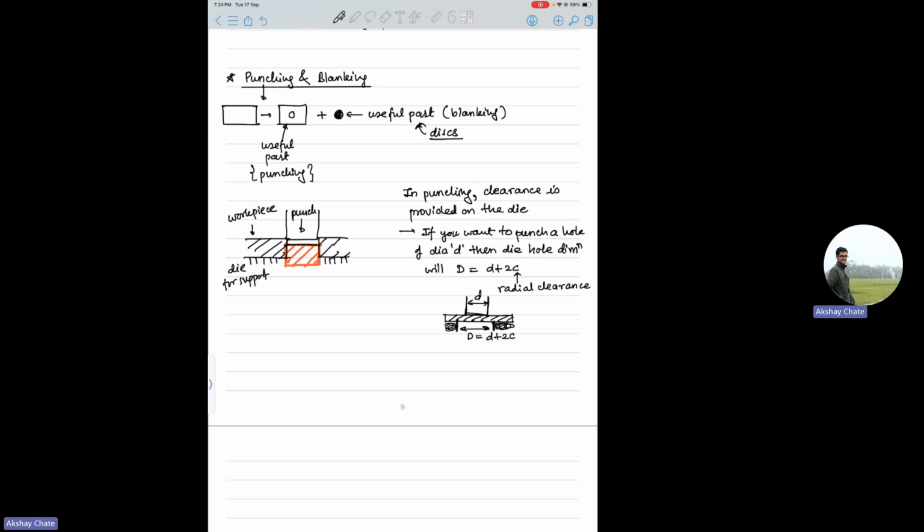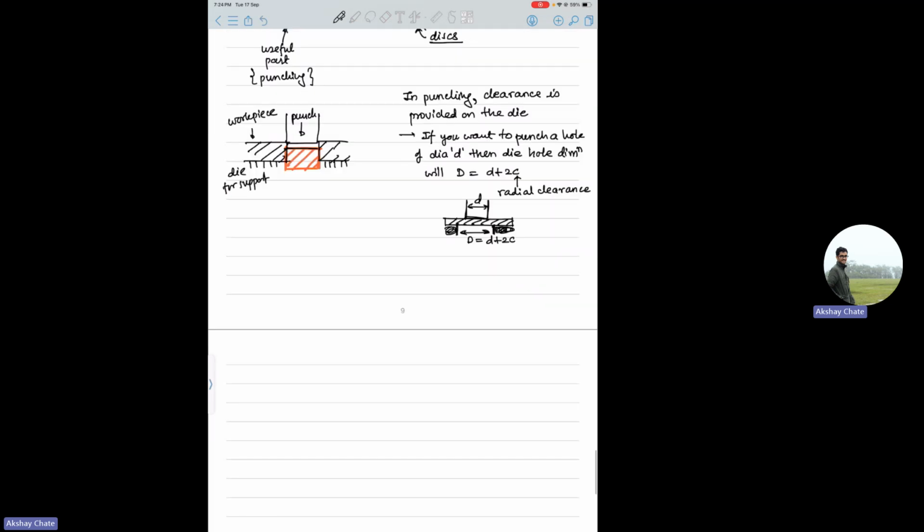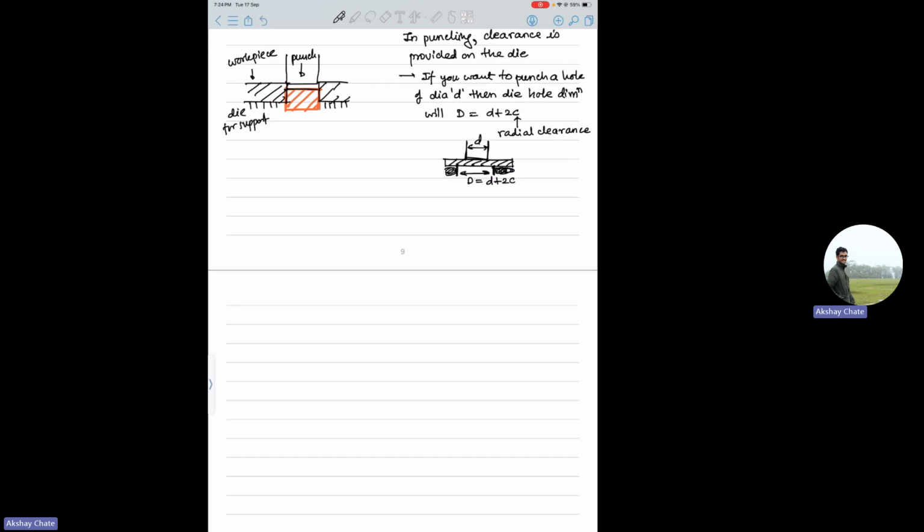That clearance is provided on the die. Whereas in case of blanking, the clearance is provided on the punch.